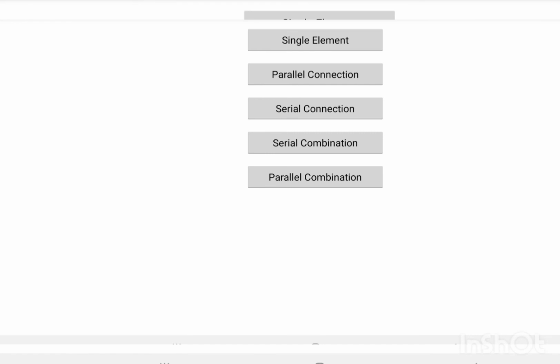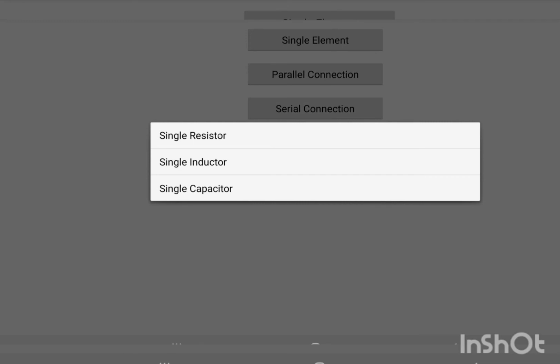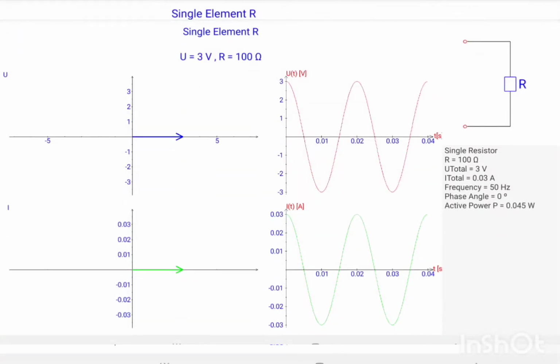Okay students, now I want to show you an app where we can see the phasor diagram for each element. We choose a single element, a single resistor. The left side is the phasor diagram and the right side is the sinusoidal waveform. For example, here the voltage is 3 volt and the resistor is 100 ohm.